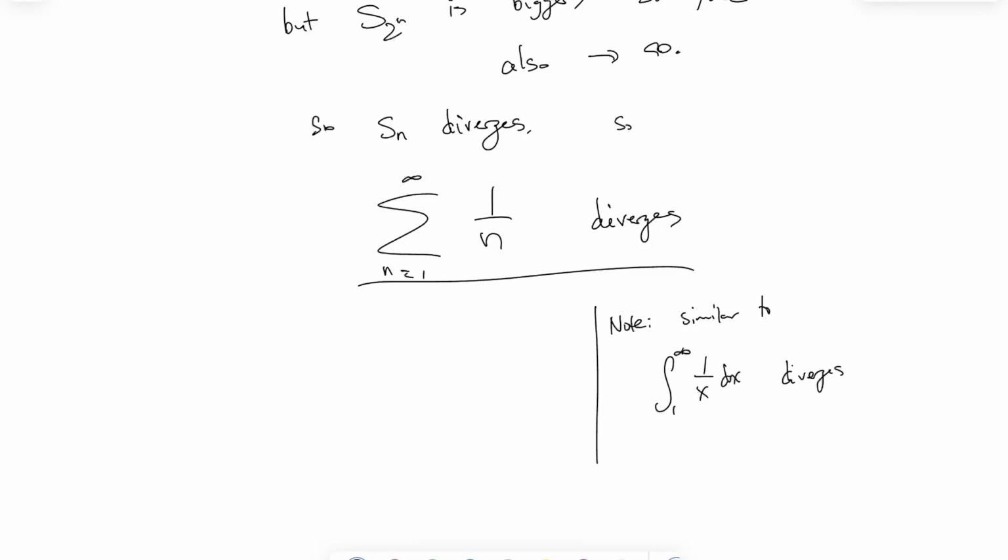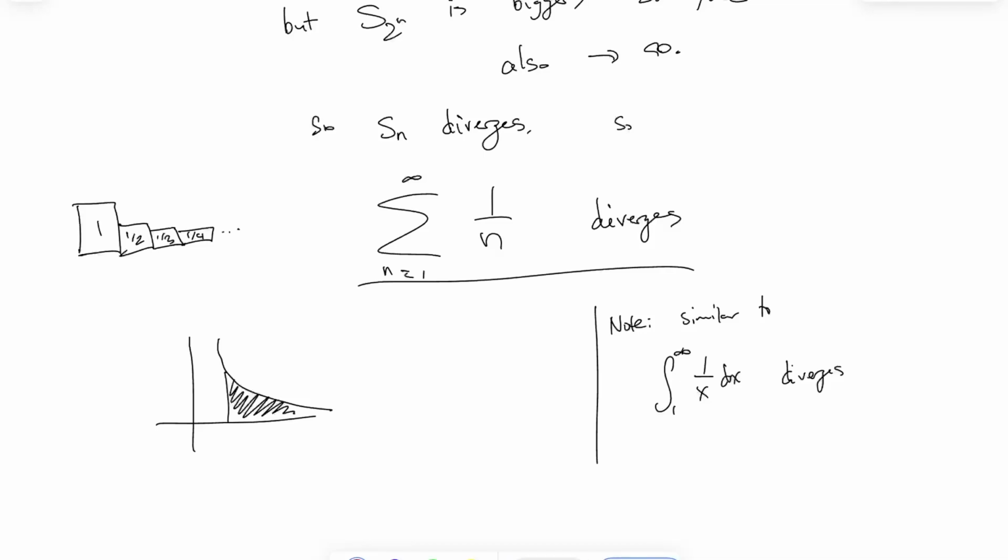You could think of the sum as representing areas of blocks. 1, 1/2, and 1/3 would be like here, and 1/4 would be like here, right? That's the sum, whereas this integral represents the area under the curve of 1 over x, right?